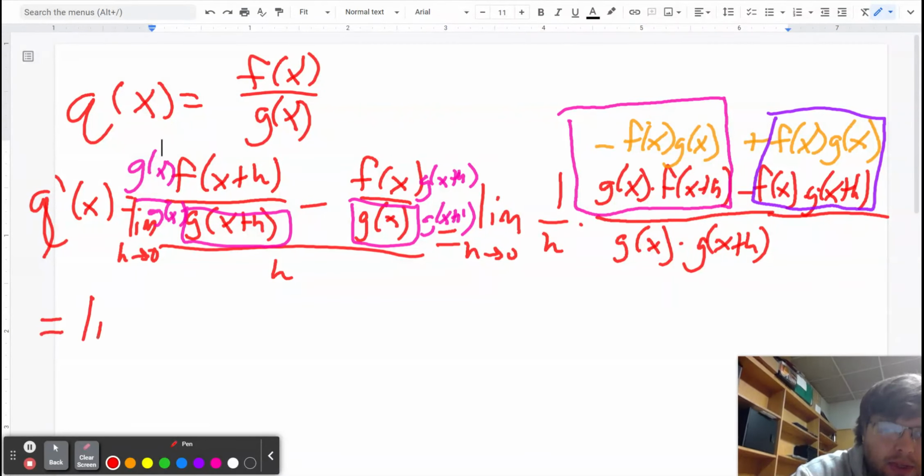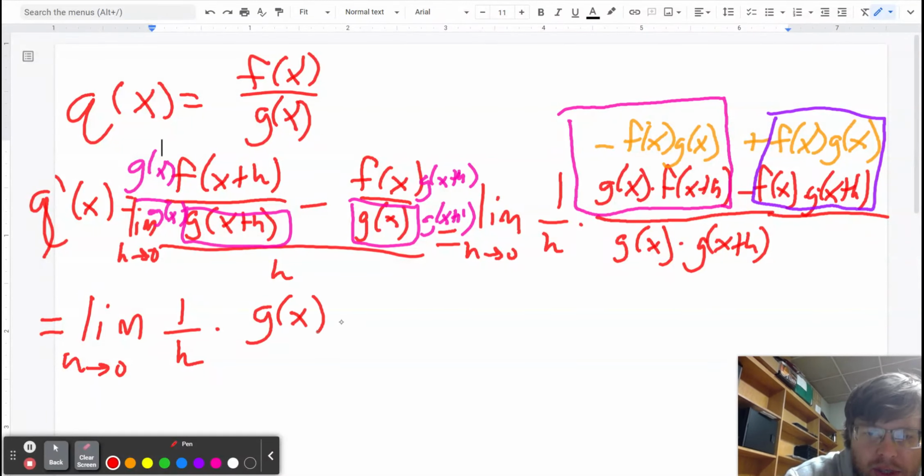So we have, again, limit as h approaches 0, 1 over h times, if I look at the pink terms, they have g of x in common, and then positive f of x plus h, negative f of x.